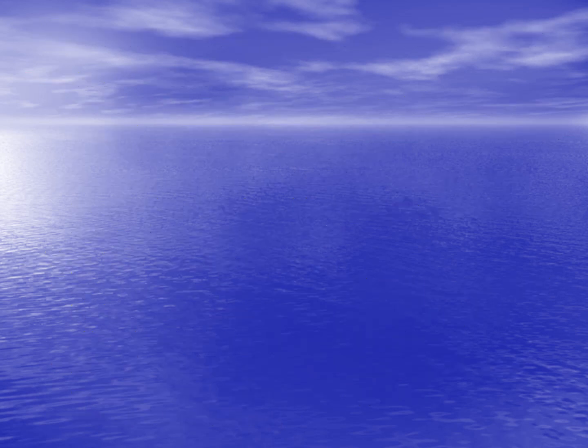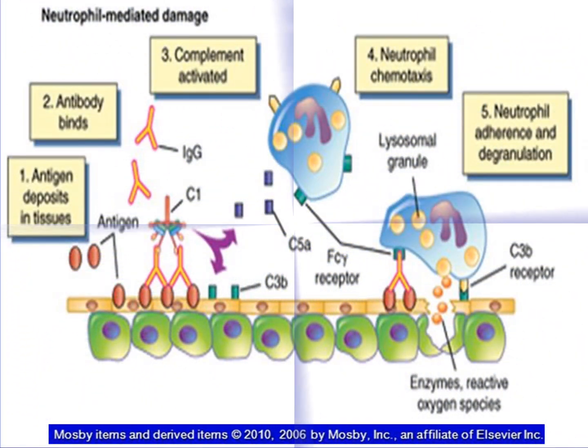Here's a picture of type 2 hypersensitivity reactions. So let me explain what's going on. First of all, we have the antigen, whatever that is, and typically this is a foreign antigen that is in the body fluids. The antigen settles onto the surface of normal cells, and oftentimes this will be in the blood vessel and endothelial cells. Antibodies made to this antigen see the antigen there and bind to the antigen bound to the normal cells. This activates complement.